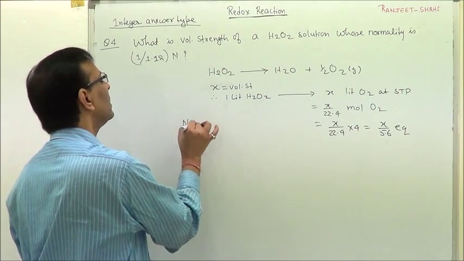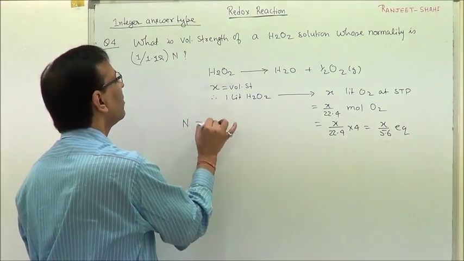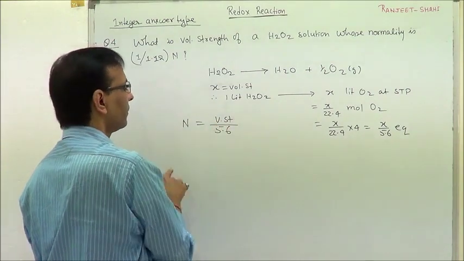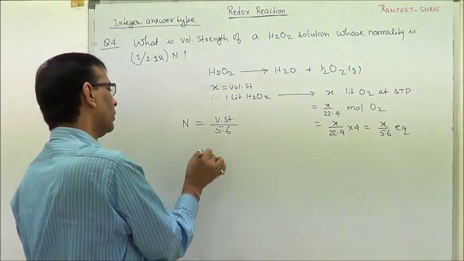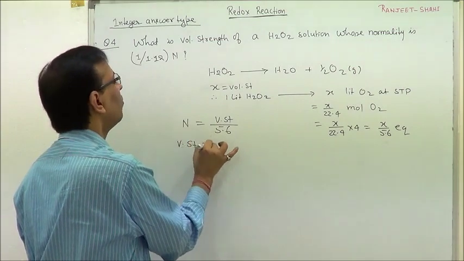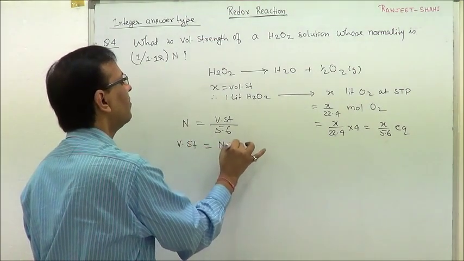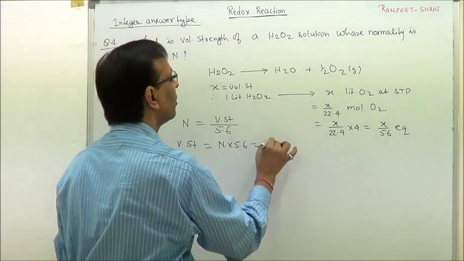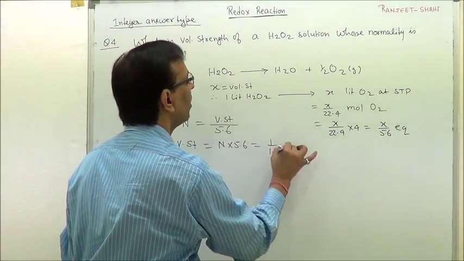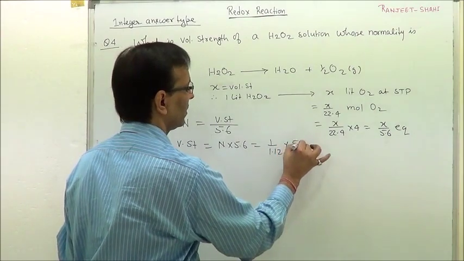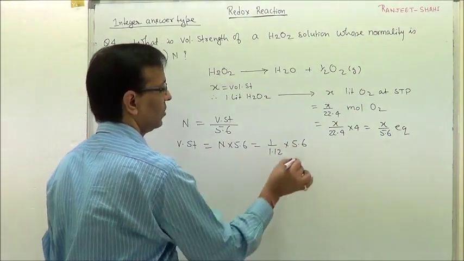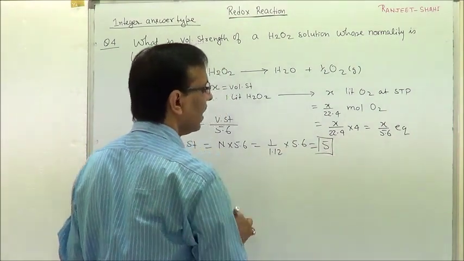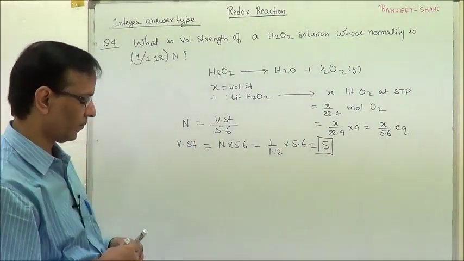So normality is nothing but volume strength divided by 5.6. So volume strength will be normality multiplied by 5.6. So here we have normality 1 upon 1.12 into 5.6. So it is 5, and this is the answer of our question.